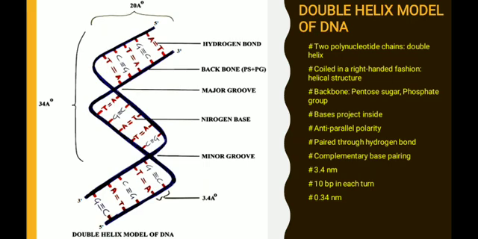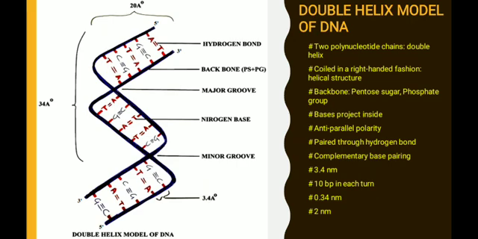Hope you understood. Now, the diameter of the DNA molecule is 20 Angstrom. 20 Angstrom means 2 nanometer. So that is about the diameter of the DNA molecule. So these are the important points regarding the structure of the DNA molecule. We can also note down some other additional points.